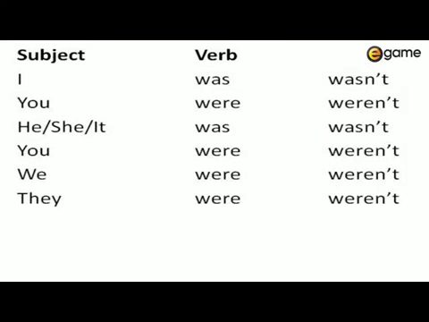You weren't. He, she, it was. He was, she was, it was. Or wasn't for the negative. He wasn't. You were. You weren't. We were. We weren't. They were. They weren't.